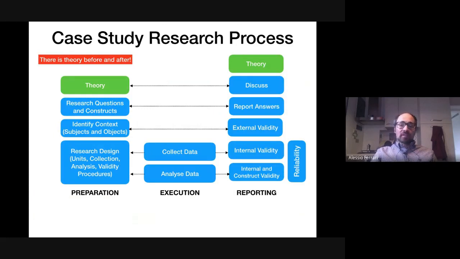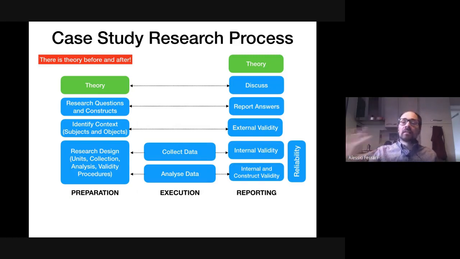What is the process? The process is a mix between the experiment and case study, if you remember the structure. In experiments, we started from theory, and we got to discussing the theory, okay, with this deductive approach.